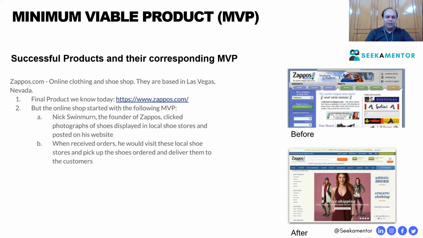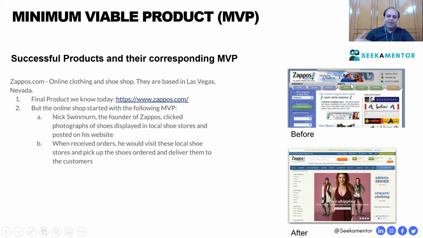There are two examples I would like to showcase here of how big companies have designed their MVP. The first example is Zappos, which all of you are familiar with. This is the online clothing and shoe shop based in Las Vegas. When they started coming up with products to sell in the market, they created a website. This initial version of the website is called your MVP.